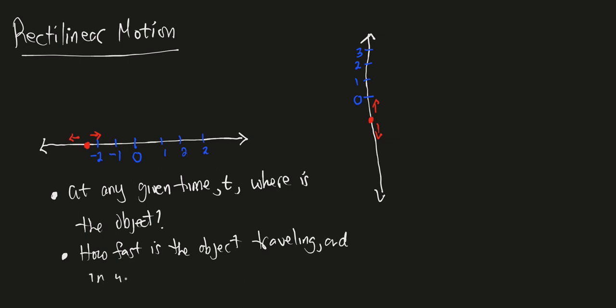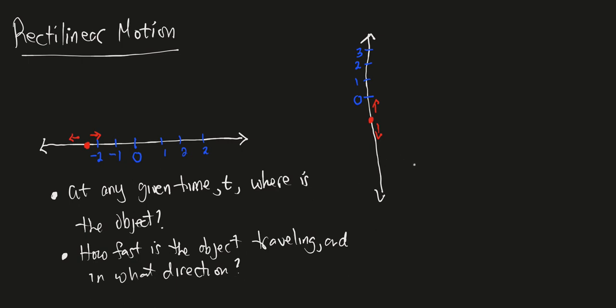And in what direction? Is it going to the right? Is it going to the left? Is it going up? Is it going down? Right? So that's a direction question. You know, it almost sounds like we're in a physics class, doesn't it? That's exciting. We get to do a little bit of physics and math. Who would have thunk it? Right? So this is an important question. How fast is the object traveling, and in what direction at any given time, right?